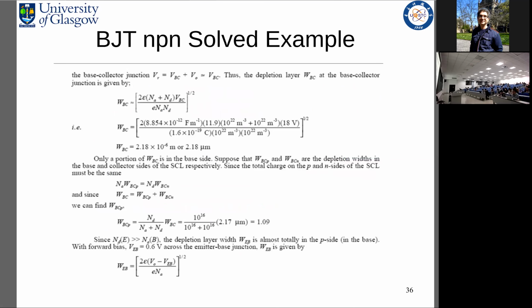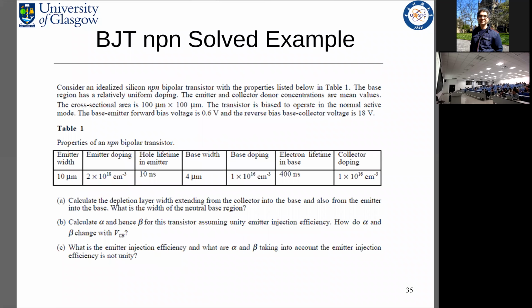As you can see over here, if you go through this example, this is an NPN transistor. In this case, the emitter doping, 2 times 10 to the 18, is much, much larger than the base doping, so Na is 10 to the 16.